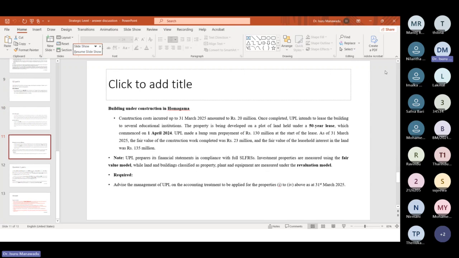The fair value of the leasehold interest land is 135. The lump sum payment that we have paid is 130, and that has been recorded. Then the difference between those two, 135 and 130, can be charged to P&L.